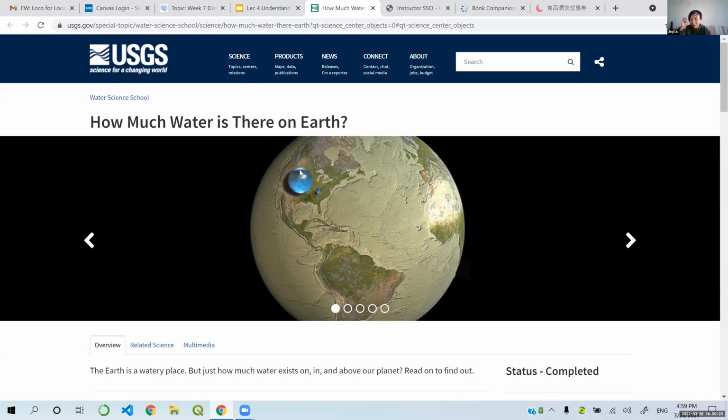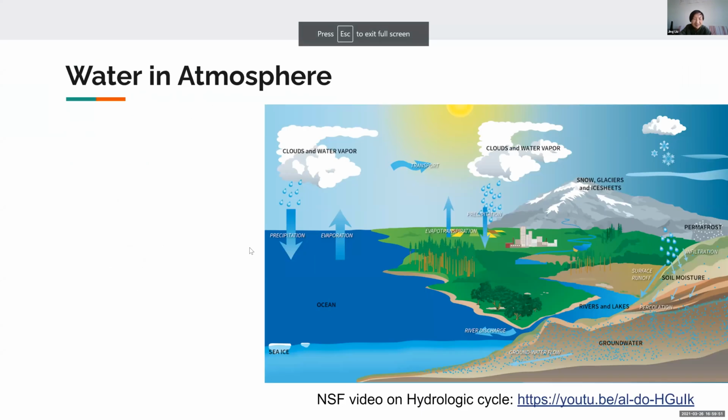If you extract all the water from our Earth's surface, you can see the water looks like a huge ball, but the fresh water is just this little, and the atmosphere is here, if you can see it. Very interesting. All right, then for water in the atmosphere, another very important concept is the water cycle.